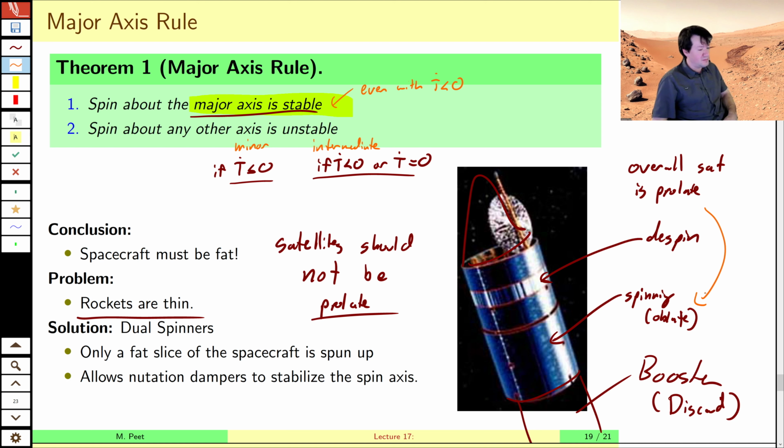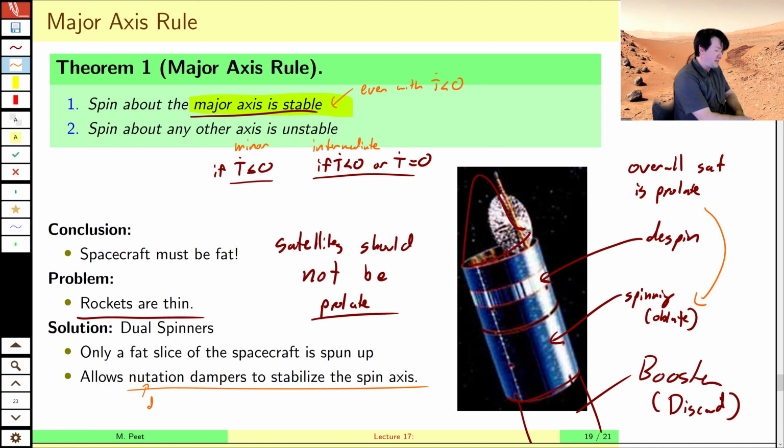Well, okay. So first of all, once you've done that, then you can just stabilize that spin by energy dissipation. So we can use these equations that we got for good as well as evil. So we have this fancy word, nutation damper, which is just basically energy dissipation, right? So fuel sloshing is a passive form of nutation damper.